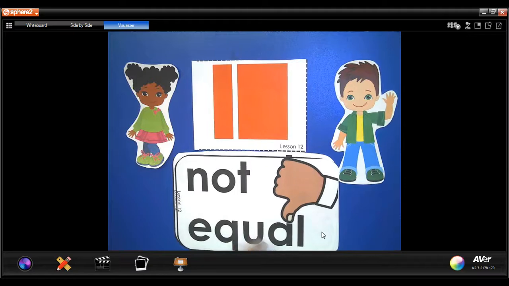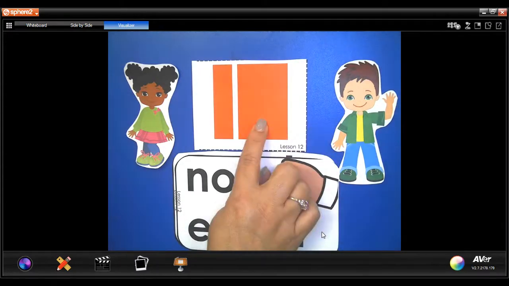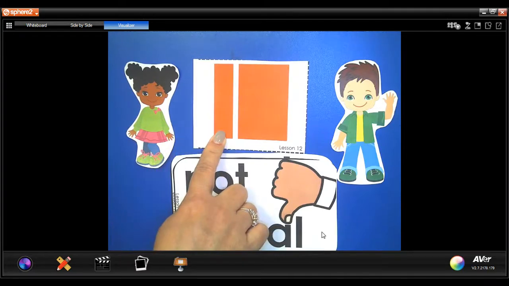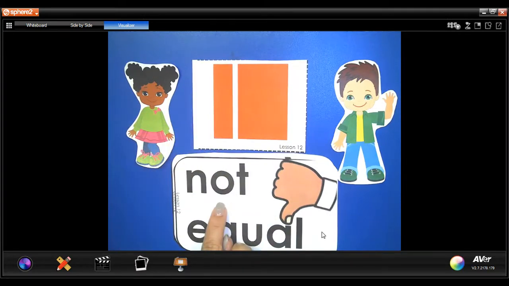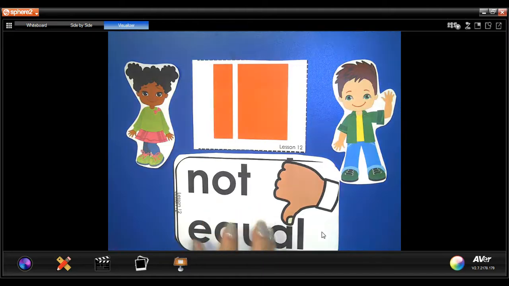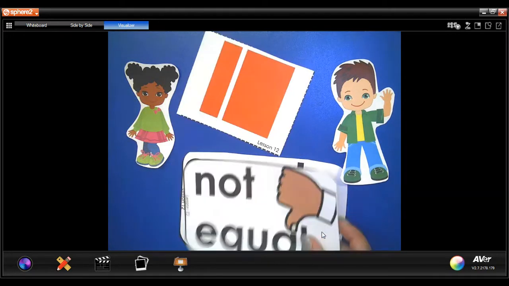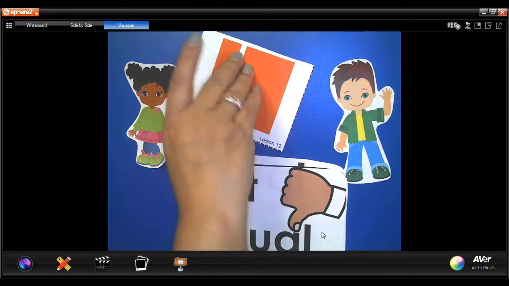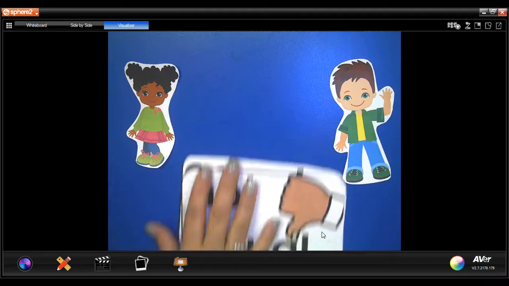It's going to be not equal, right? He might be happy because that's a lot. But look at her little piece. She's not going to be so happy. She doesn't think it's fair. So it's not equal. Okay? So if it's fair, everybody gets the same, and then it's equal. But if somebody gets a little piece and somebody gets a big piece, it's not equal. Okay, so let's take that one away.